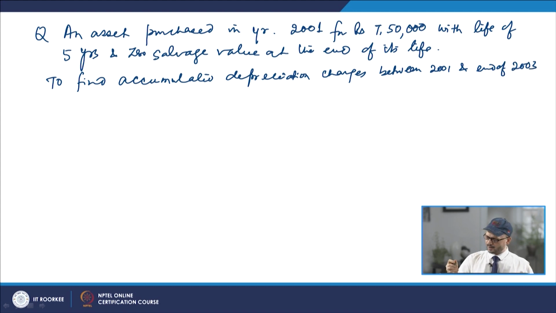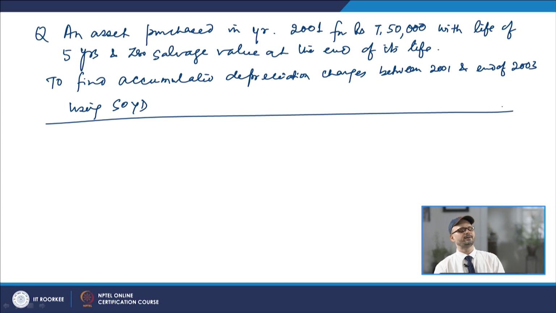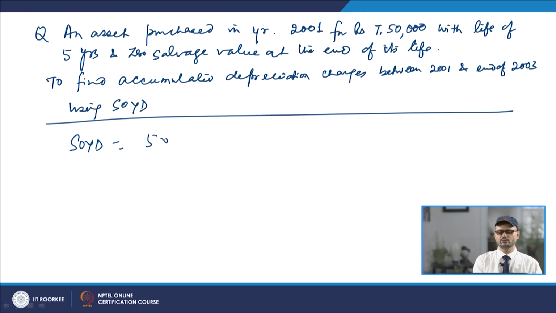So, this you have to find using SOYD. Now, if you find using SOYD method of depreciation, so we know that in the case of SOYD method of depreciation, your SOYD becomes 5 into 6 by 2. So, that is your 15. Then 2001, 2 and 3. So, you have 3 years.